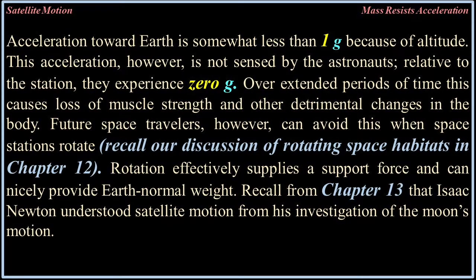Acceleration toward Earth is somewhat less than 1g because of altitude. This acceleration, however, is not sensed by the astronauts. Relative to the station, they experience 0g. Over extended periods of time, this causes loss of muscle strength and other detrimental changes in the body.